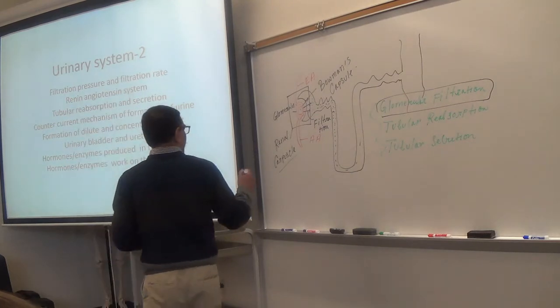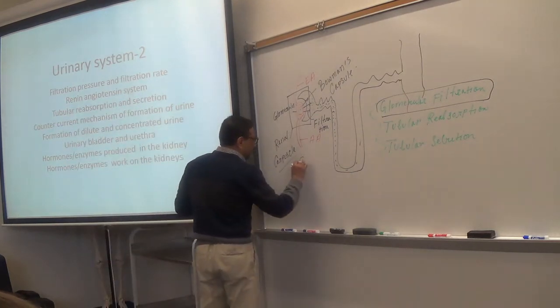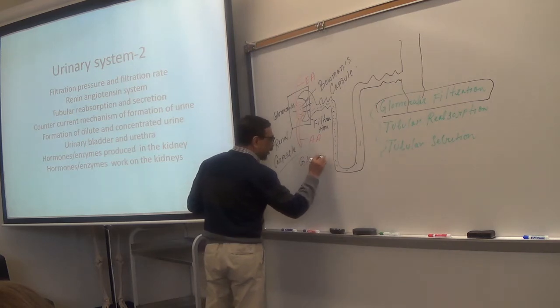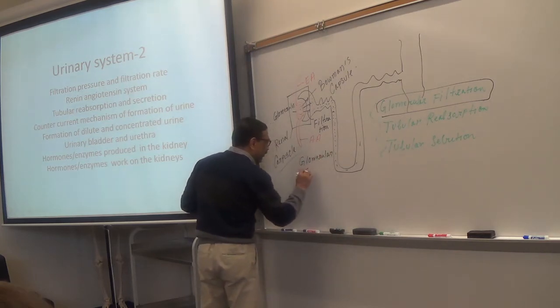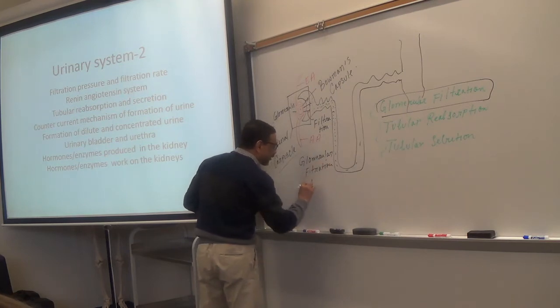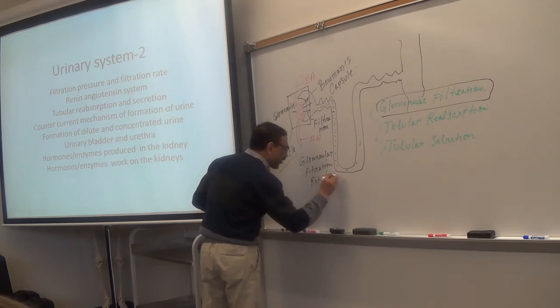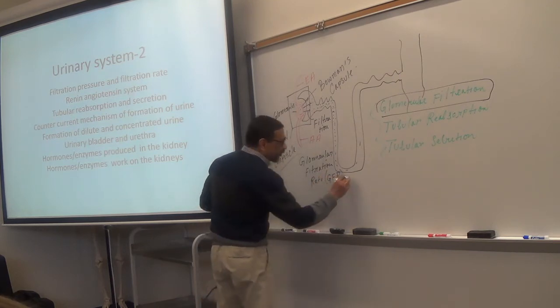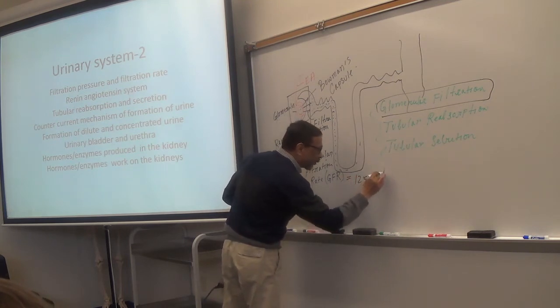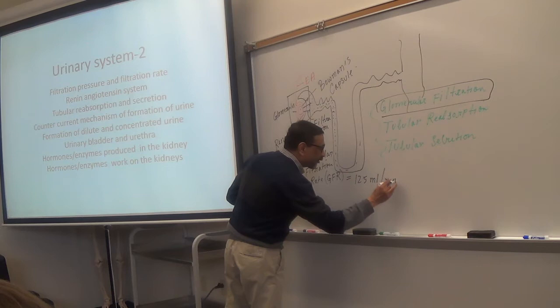So that is the glomerular filtration rate, or GFR, which is about 125 milliliter per minute.